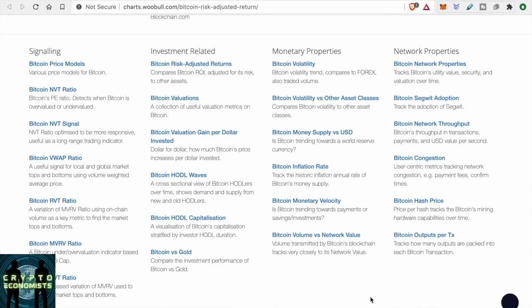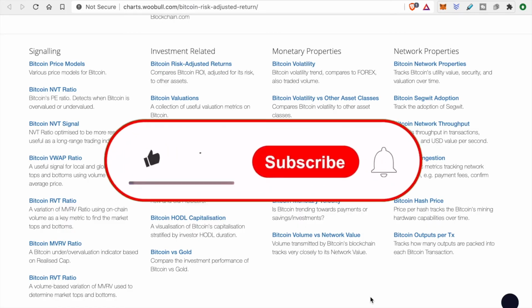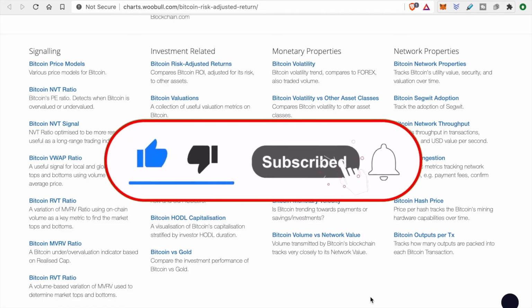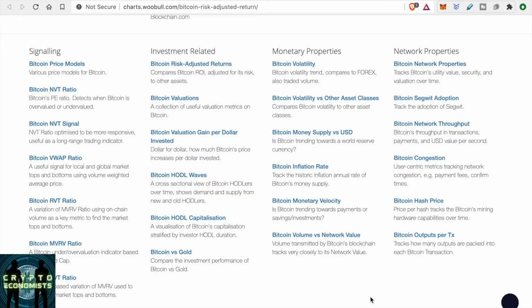As you can see, Woobull does have a lot of tools that can be used in order to measure Bitcoin and make investment related decisions in this crypto space. So for instance, one chart that they do have shows their ROI that's adjusted for risk compared to other assets.